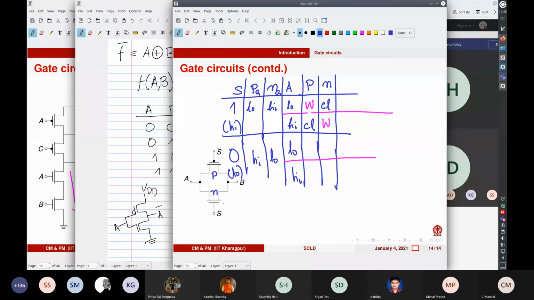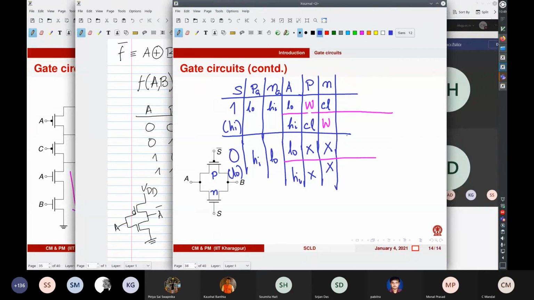Similarly, when the gate of a PMOS transistor is high and when the gate of an NMOS transistor is low, it is basically off in all cases. All right, off in all cases.